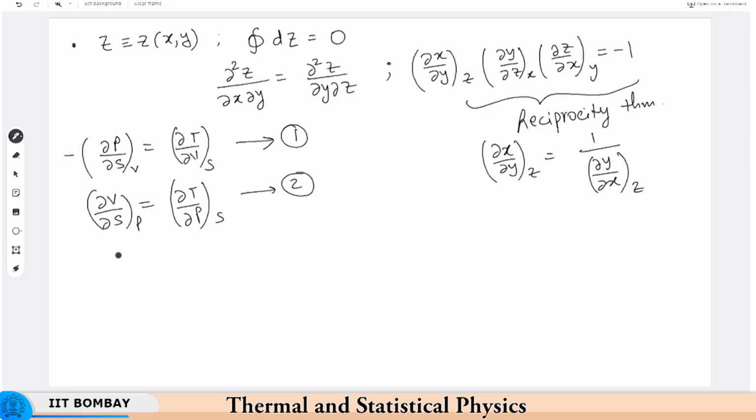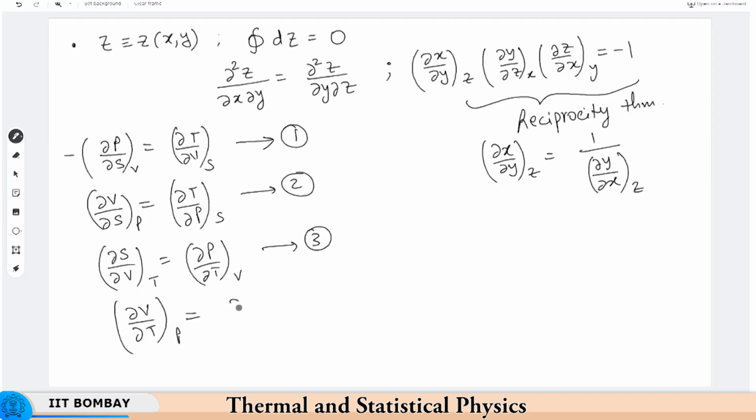Similarly, for the Helmholtz potential, we saw del s by del v at constant t equals del p by del t at constant v. This was the third Maxwell relation. And for the Gibbs potential, del v by del t at constant pressure equals minus del s by del p at constant temperature, and this was the fourth relationship.